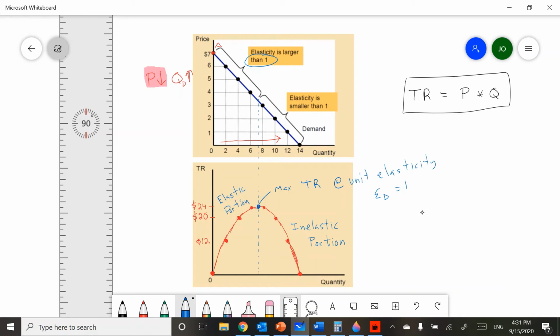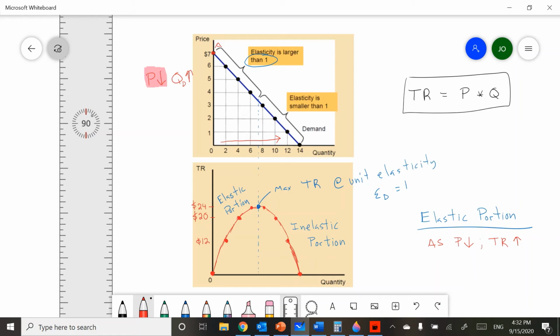On the elastic portion, as price goes down, my total revenue goes up. How does this make sense?